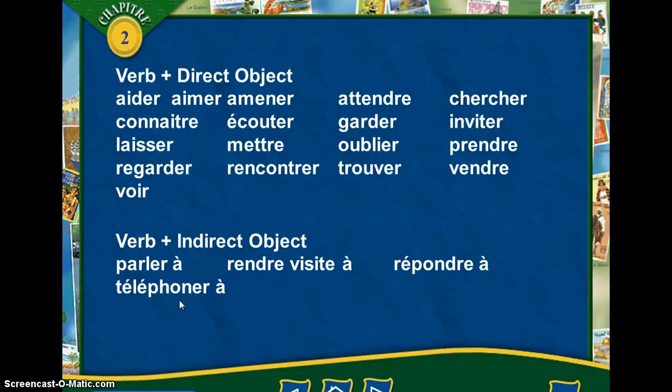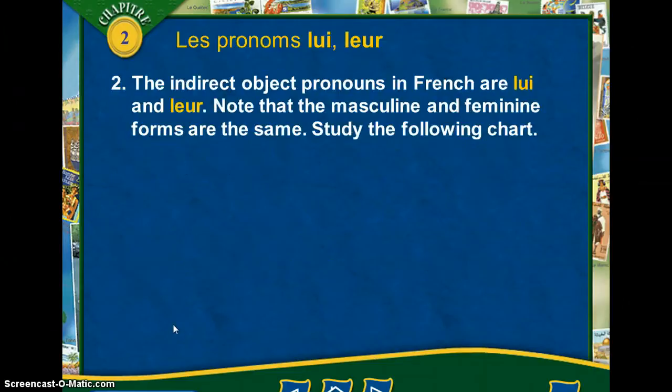Pause if you need to, take these down, and try to understand that you can directly do these things to a person or an object, but here you would parler à, you're going to speak words to that person. You're going to give an answer to. So these are words that are going to take an indirect object.